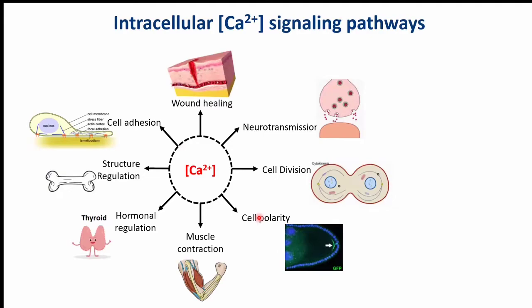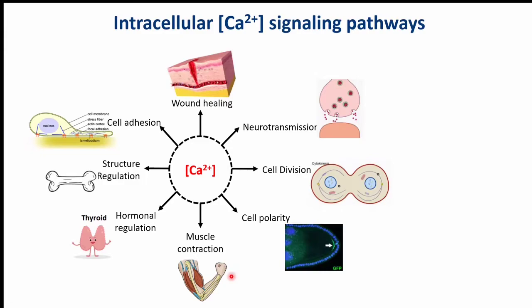Calcium homeostasis is known to play a vital role in many physiological and cellular processes in our body, starting from wound healing, to relaying signals at the synapse between two neurons, to cell division, to morphogenesis, where it regulates cell polarity.